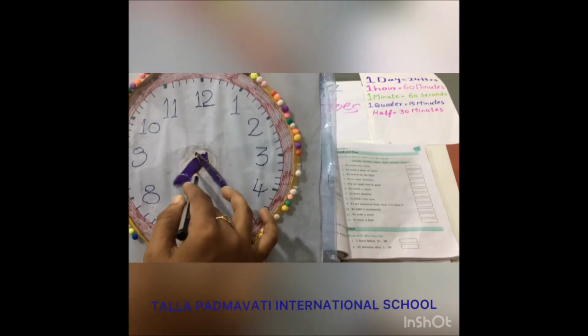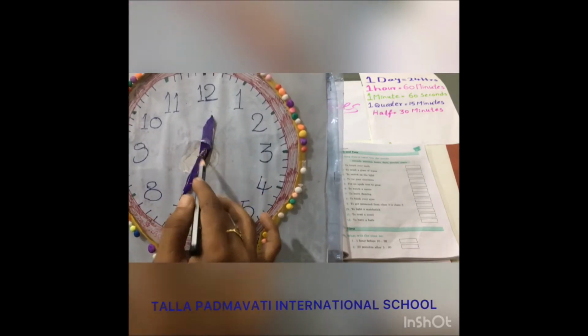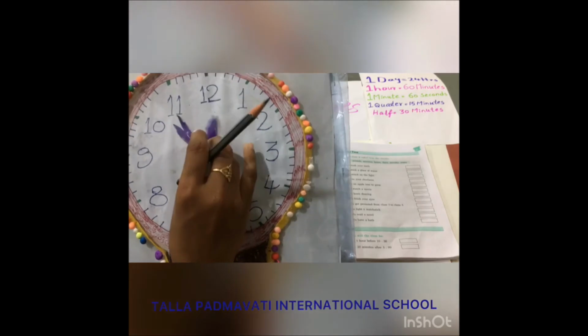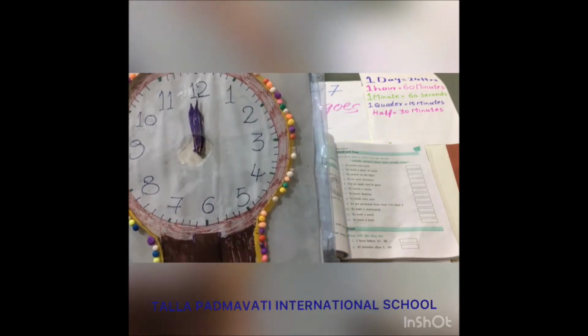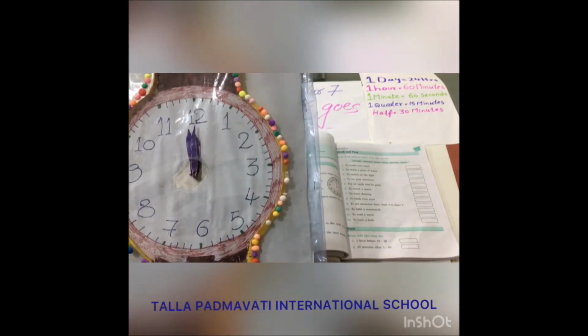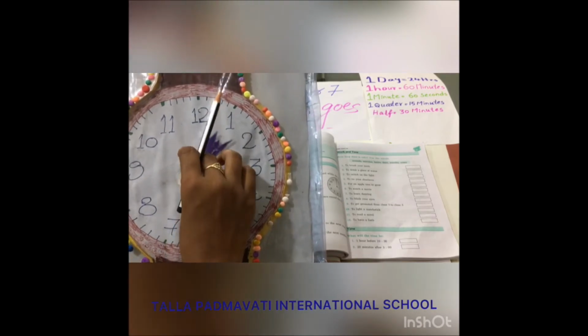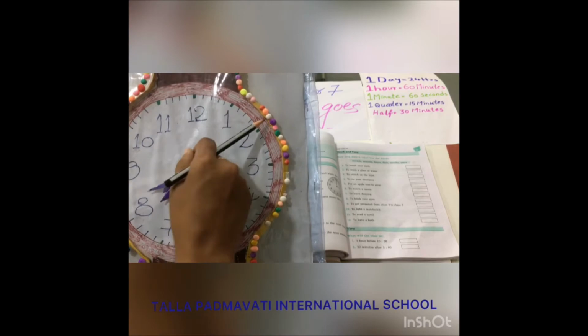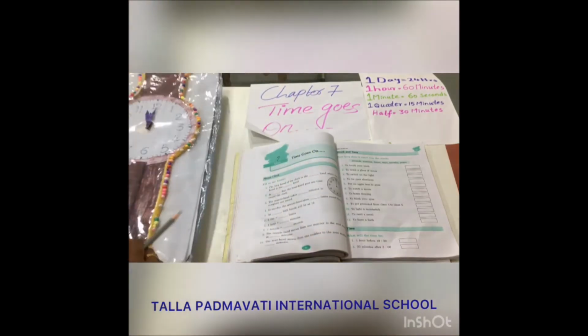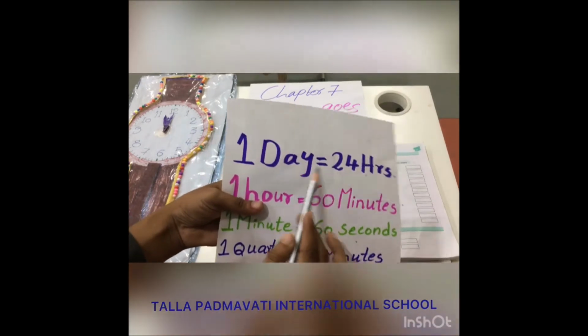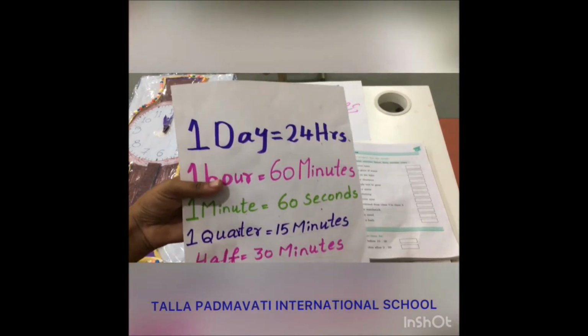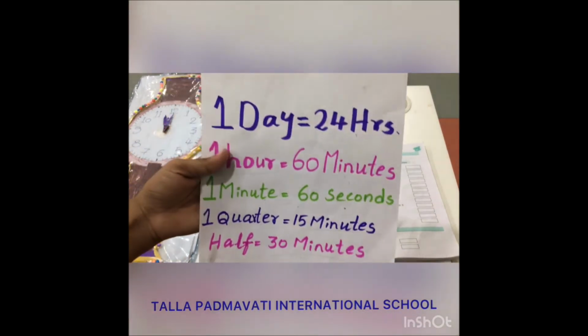And when the short hand takes a complete rotation, it means 1 day has completed. From midnight 12 o'clock to morning 12 o'clock, a day. And from 12 afternoon to again night 12 o'clock makes a day. So 1 day is equal to 24 hours. A day is made of 24 hours.